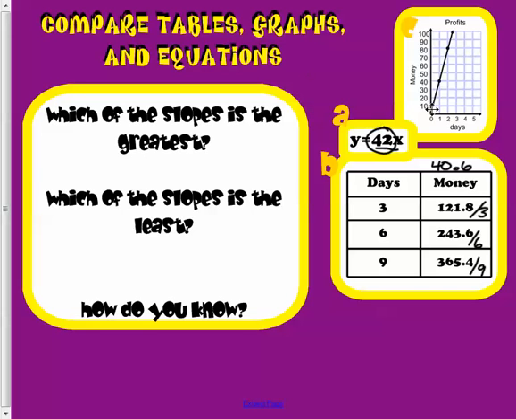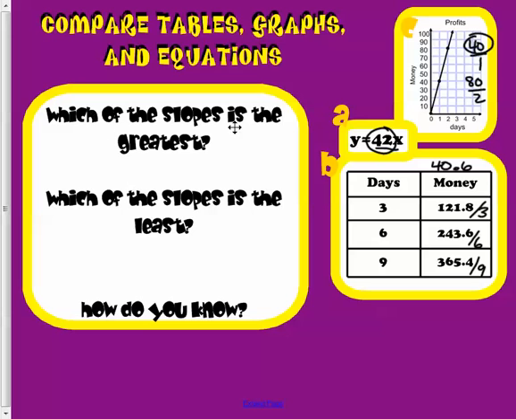If we look at this one, it's rising 40 and running 1, so my slope is 40 over 1. Just to check my work, it's also rising 80 and running 2, which again is 40 over 1, or just 40. So if we compare these, we've got 40, we've got 42, and 40 and 6/10.